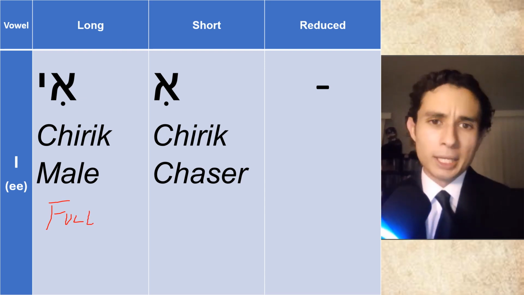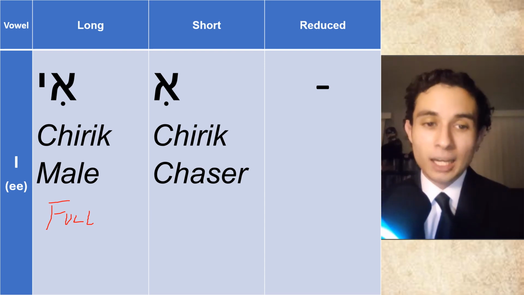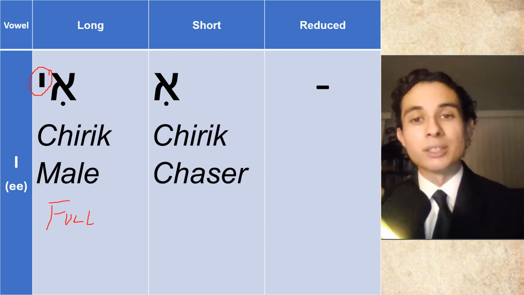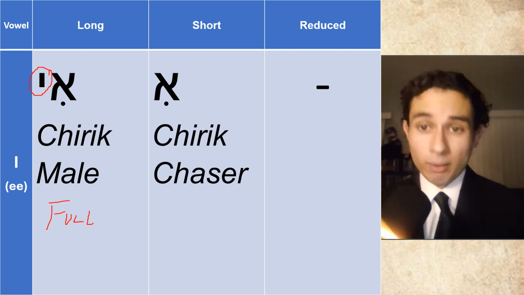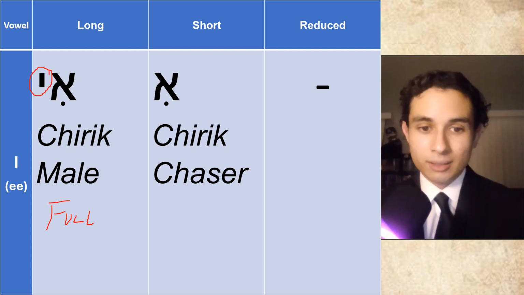And you'll be able to remember that because in order for a chirik to be full or complete, it must be accompanied by the letter yod. So only then, with the presence of the letter yod, is it male, a full or complete chirik. However, if the letter yod is missing right after the chirik vowel mark, then it is chaser, meaning lacking.